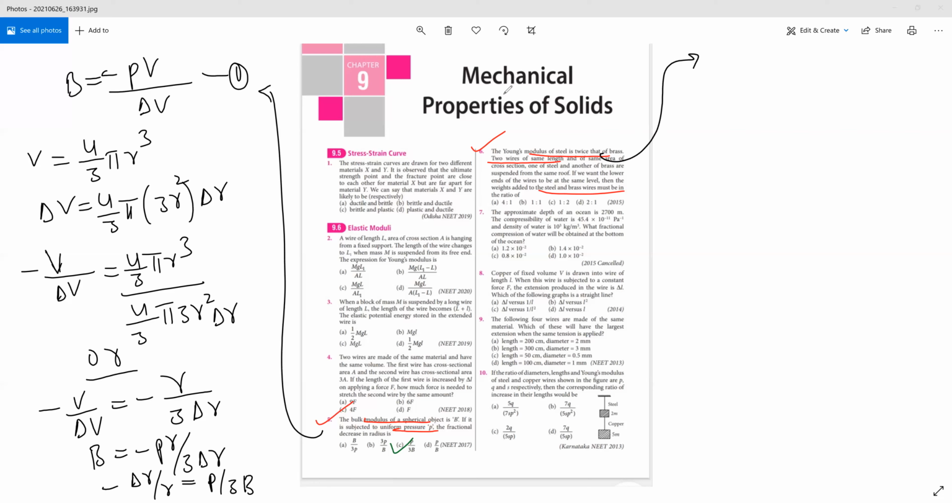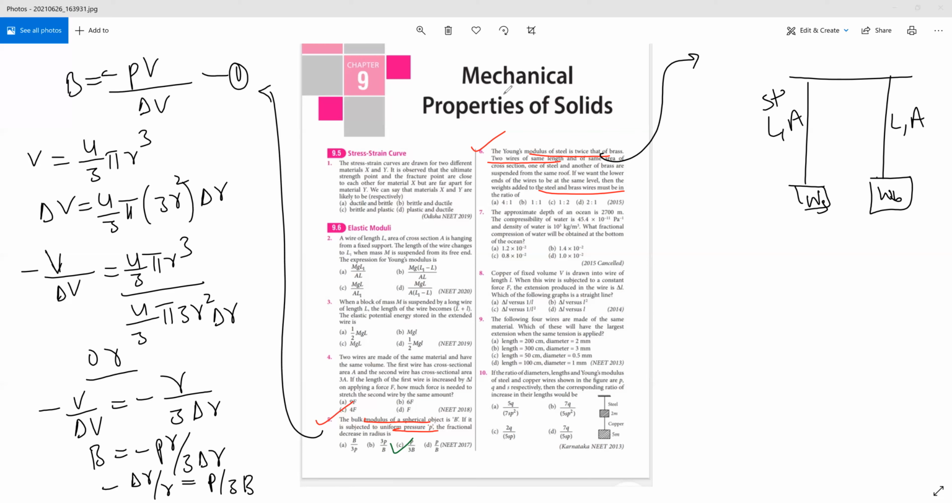So for the sixth one, let L be the length and A be the area of cross section of each wire. In order to have the lower end of the wire to be at the same level, let WS and WB be added to the steel and brass wire. According to the definition of Young's modulus, it is possible to draw like this. So this is the weight of steel and this is the weight of brass, L is length and A is the area of cross section.